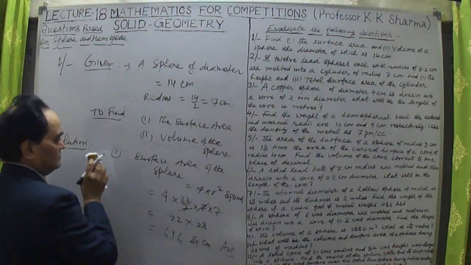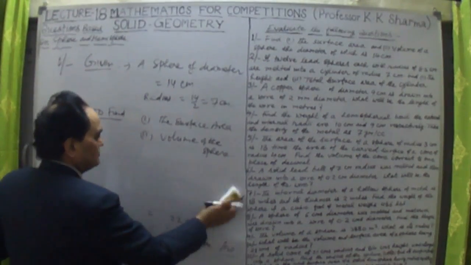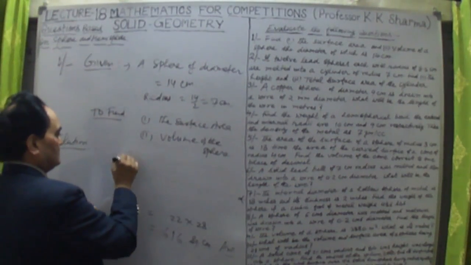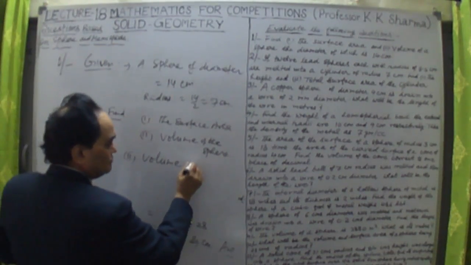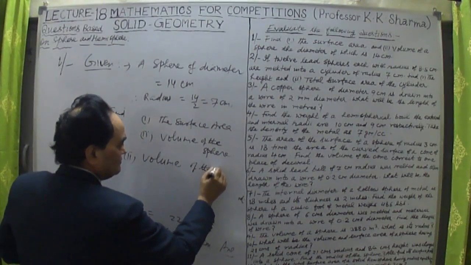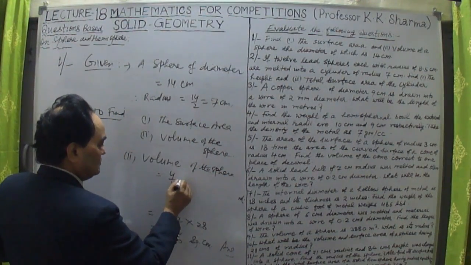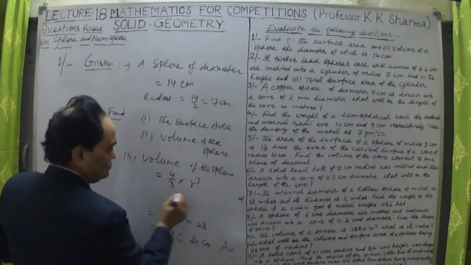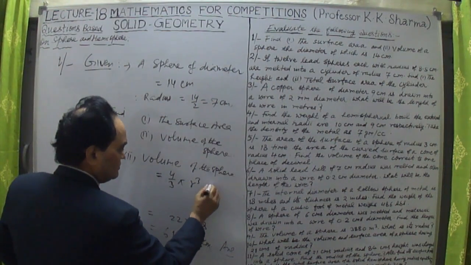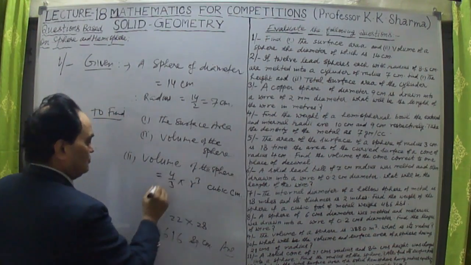Now let me solve the second part. What is the second part? The volume of this. The volume of the sphere. The formula is simple: 4 by 3 pi r cube, in cubic unit, cubic centimeter. Here the unit is centimeter.